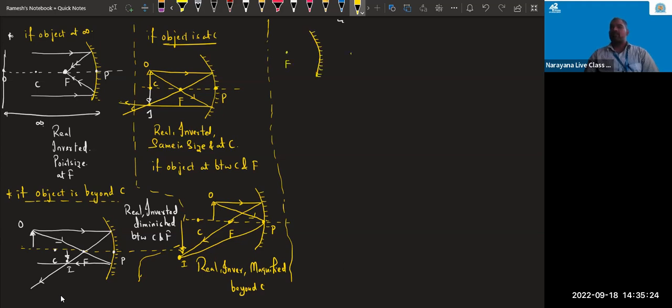Left side. Where is virtual focus? Right side. Are you understanding? You should be very, very cautious here. If you take a convex mirror, where is the real focus? Sorry, no real focus, only virtual focus. That's all. Clear? Sometimes he will confuse us, so you should not get confused.